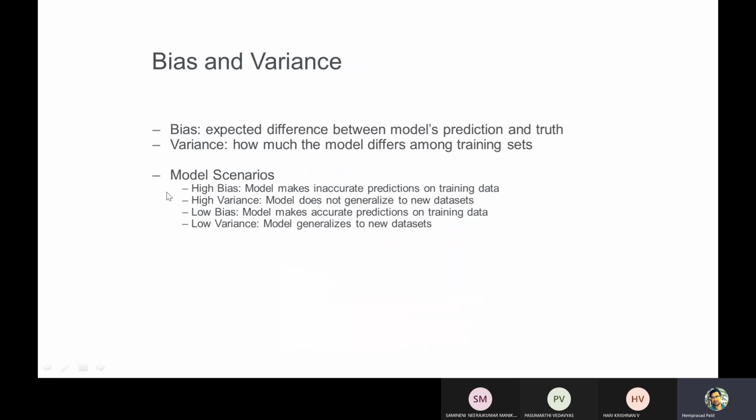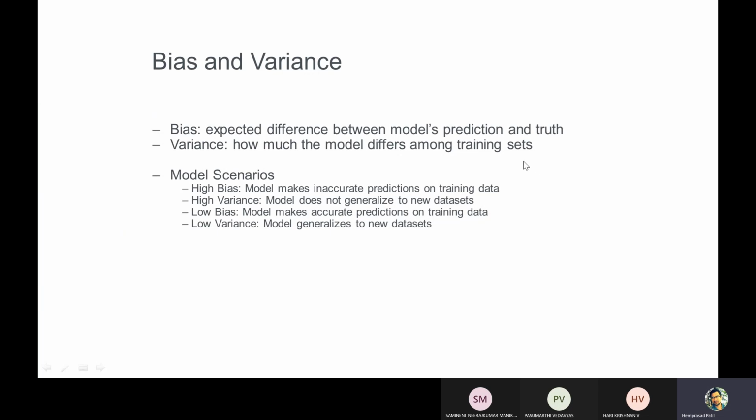Then there are the concepts of bias and variance. Bias means the expected difference between the model's prediction and truth, so actual value and predicted value. What is the expected difference between them? That is bias. And variance means how much the model differs among training sets.